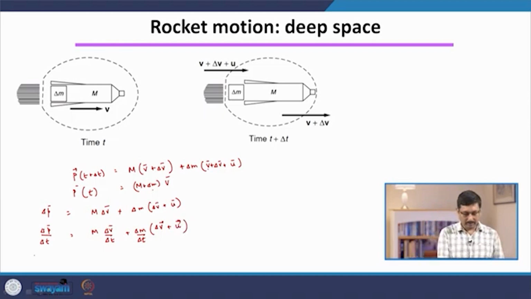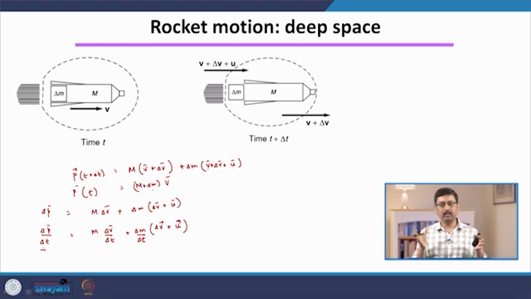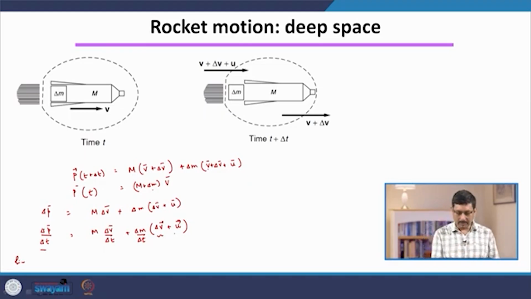Now, if I take this time interval to be smaller and smaller, basically infinitesimal, then in the limit the change in delta v is going to be smaller, but the ejection of the fuel, which is determined by the internal mechanism by which the rocket is pushing the fuel outward, will not change.